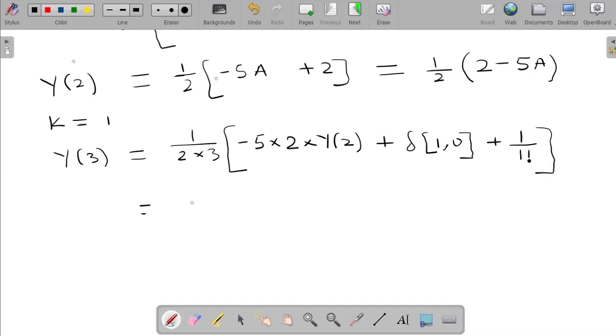So this gives 1 over 6 into negative 10 times our y of 2.